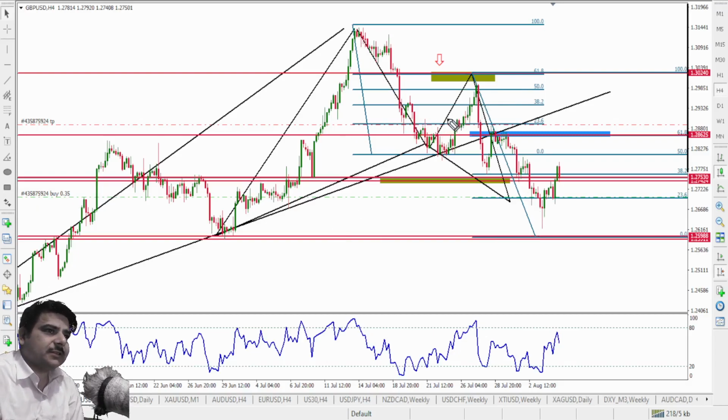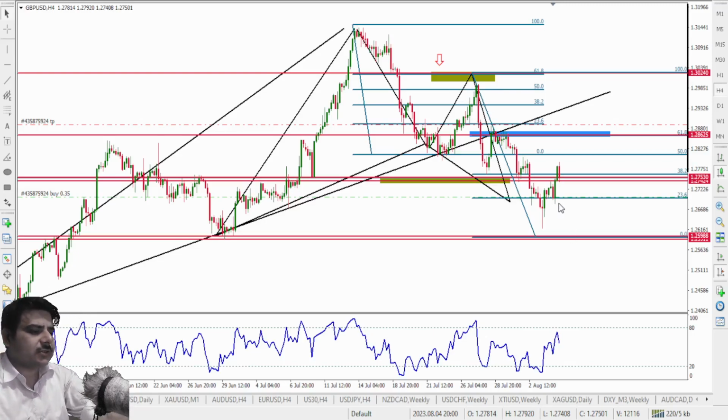So an ABCD pattern, and obviously a very huge impulsive wave that I want to draw your attention to on the daily time frame. This is the A to B, then followed by a 61.8% retracement, and after that a very nice drop of around 300 pips.